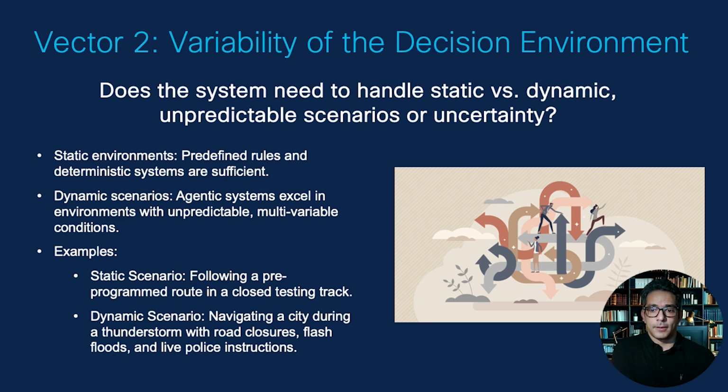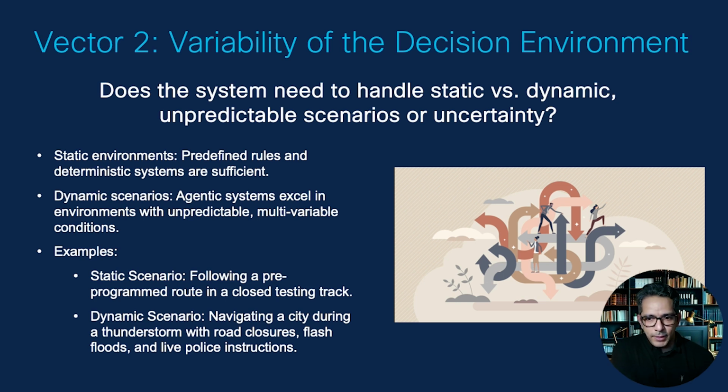But in dynamic scenarios, such as in real-world driving, these introduce unpredictable, complex variables that deterministic systems struggle to handle, especially because of the long tail, or rather, primarily because of the long tail, right? So remember I mentioned earlier, if deterministic systems can account for all the variables, they work quite well, but the list tends to grow really, really long, and that's where they become a little less reliable.